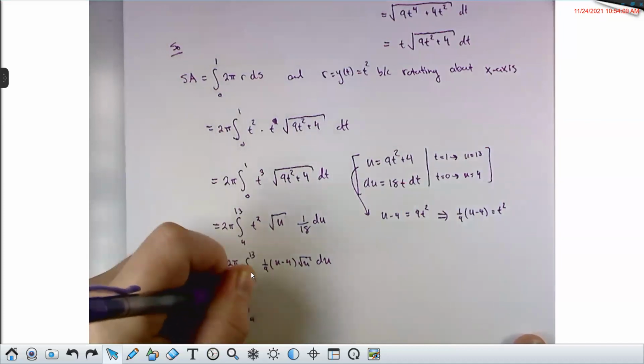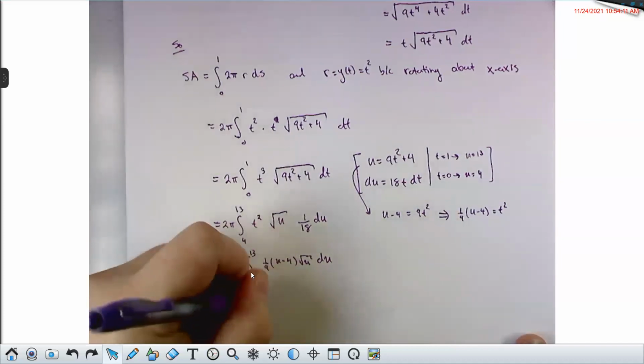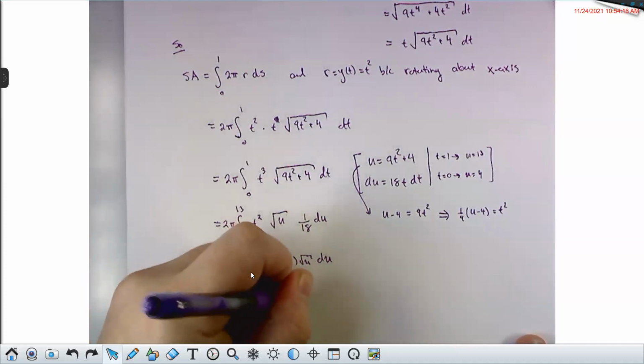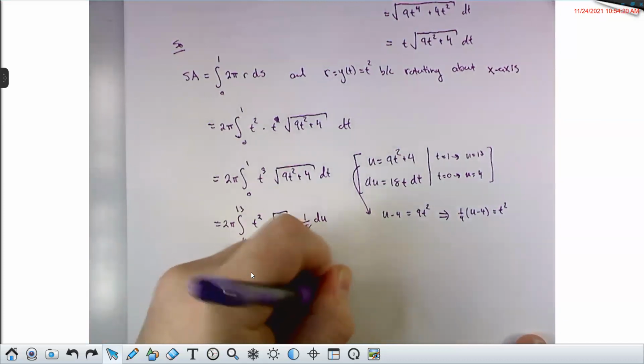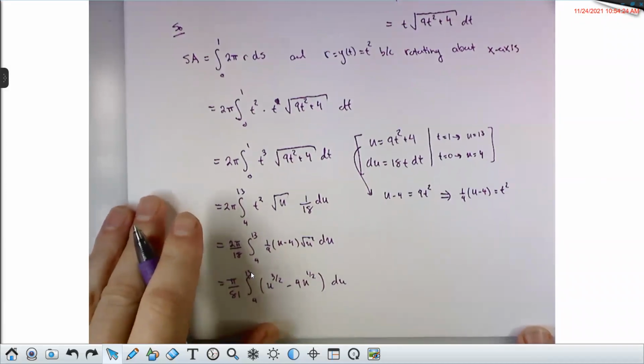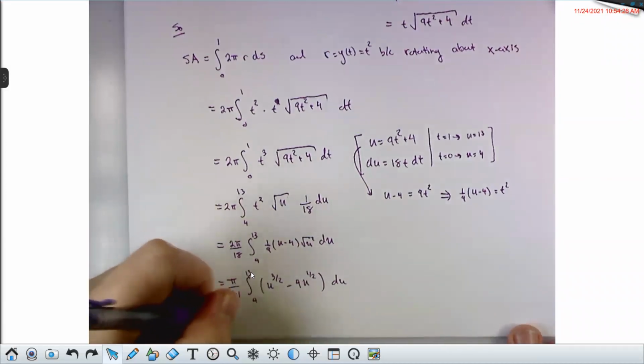Integral 4 to 13. u times the square root of u is u to the 3/2, minus 4 times the square root of u is 4u to the 1/2 du. And I'm going to run out of time here.